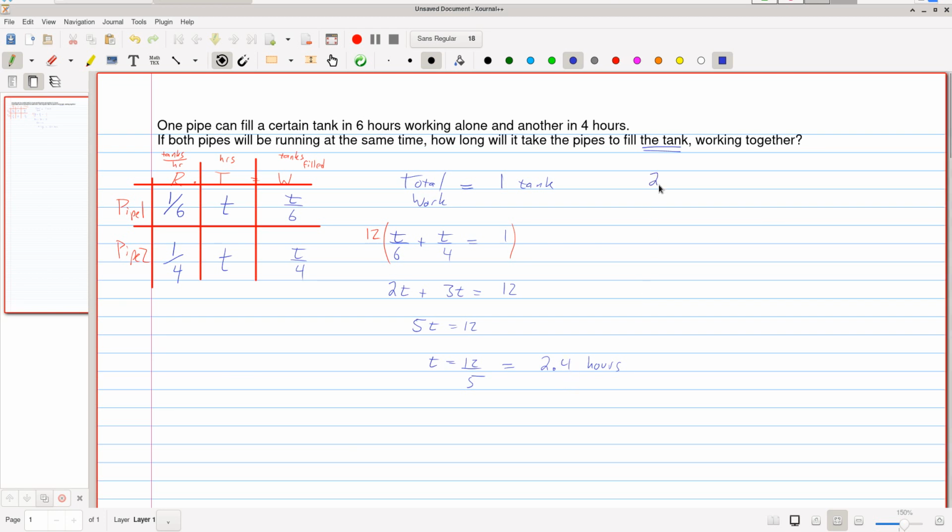So we can think of this as 2 whole hours plus 0.4 hours. And then I'm going to use the fact that every hour is 60 minutes. So let's multiply this by 60 to turn this into minutes. So 0.4 times 60 is 24. So this says it'll take 2 hours and 24 minutes.